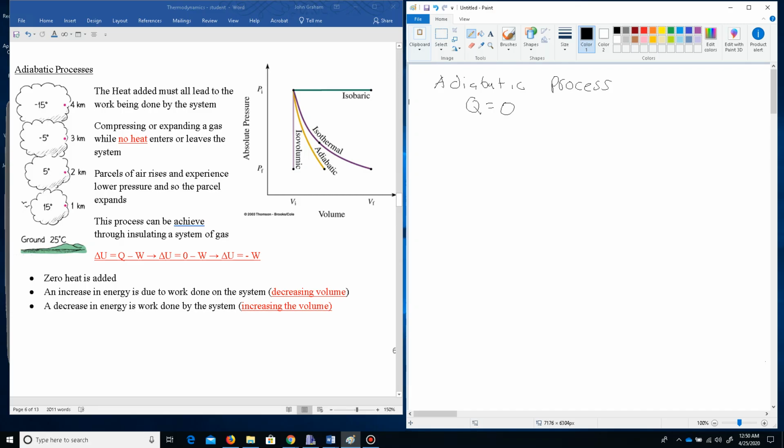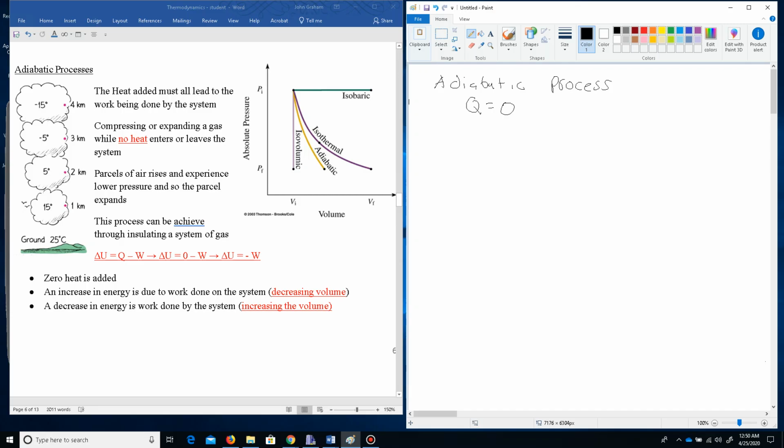And decreases to -15 and expands even more in volume. No heat is being added or taken away as this air parcel increases in height, drops in temperature, and increases in volume. One way they can achieve this is through insulating a system of gas.